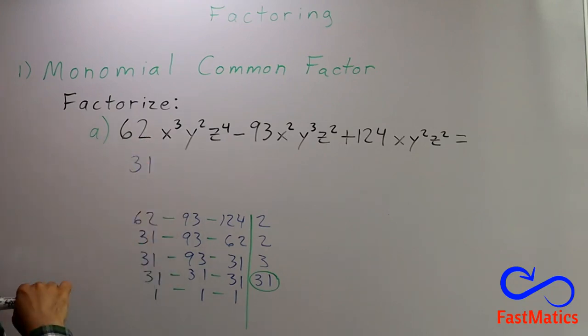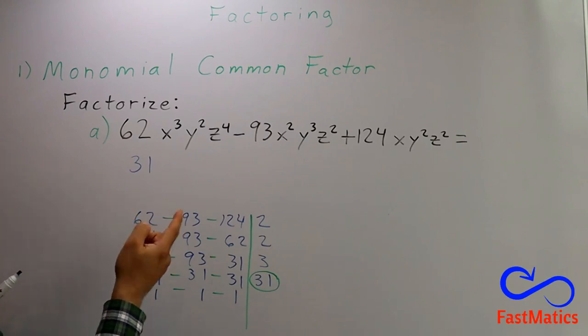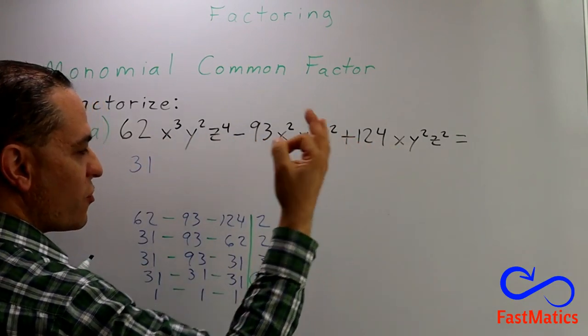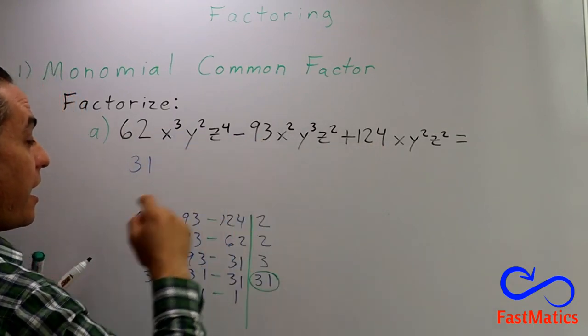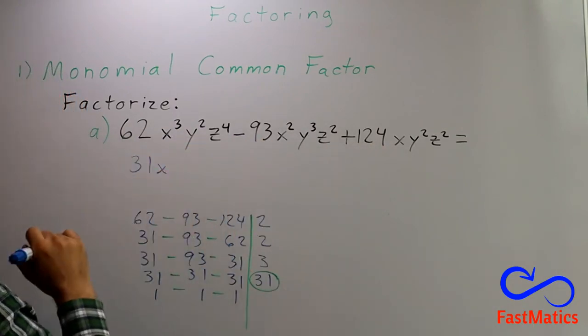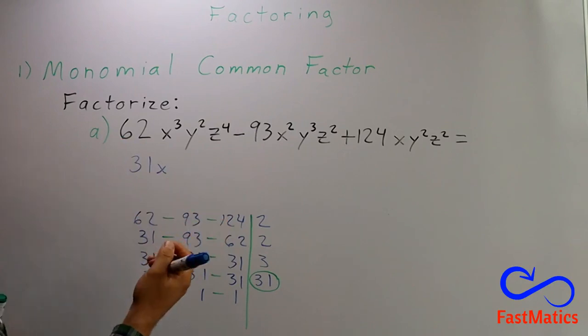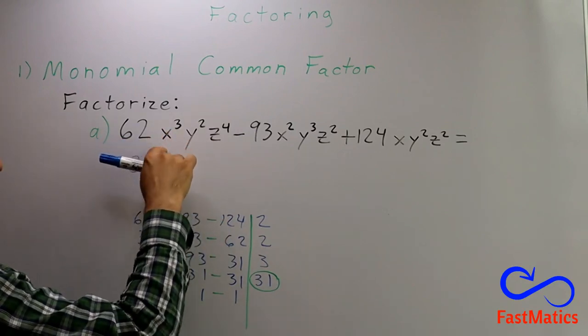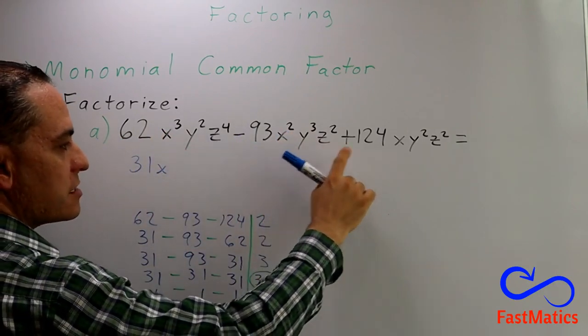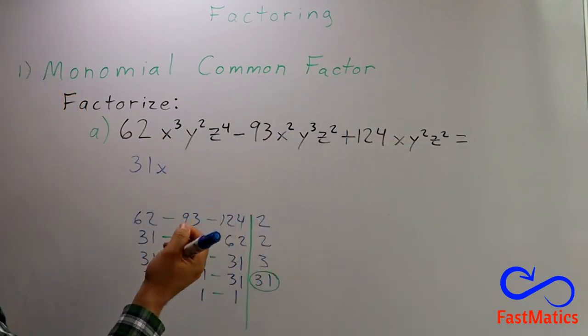After that, we have to see if a letter is repeating in the three terms. X, X, X. Exactly, perfect. And I am going to choose the lowest exponent. 3 for this X, 2 for this X, and 1 for this X. So I choose the 1.